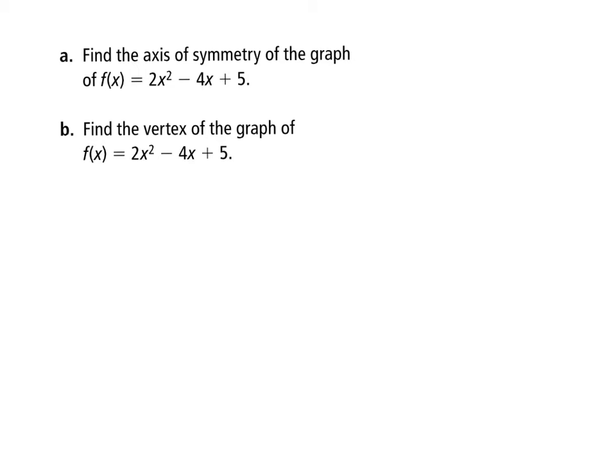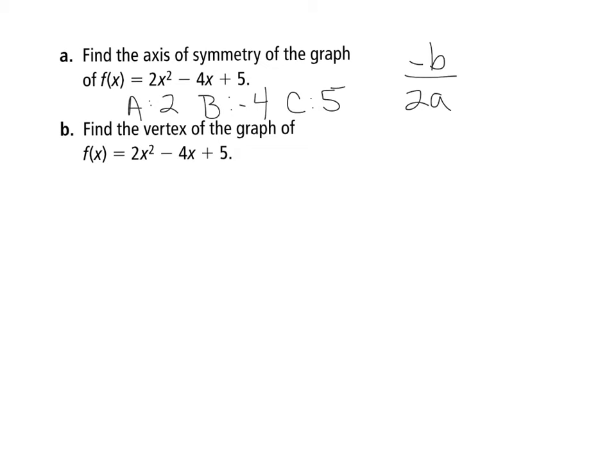So here in the next example, we're going to be doing the exact same thing. Find the axis of symmetry and find the vertex of the graph. So the axis of symmetry, remember the formula, is -b over 2a. And so on this first one, I've got an a of 2, a b of -4, and a c of +5.